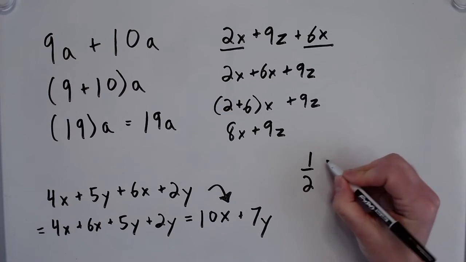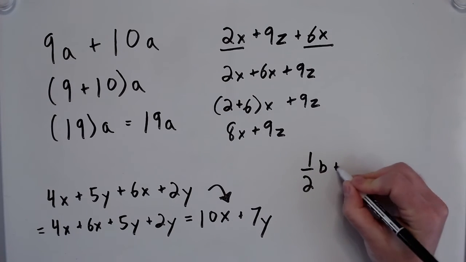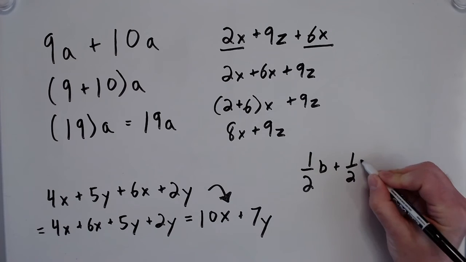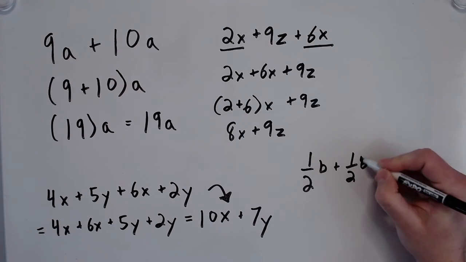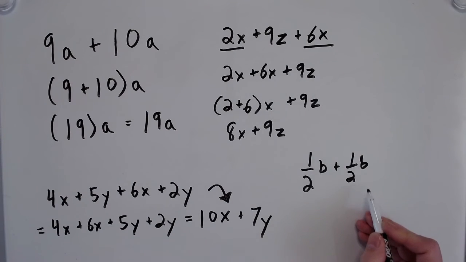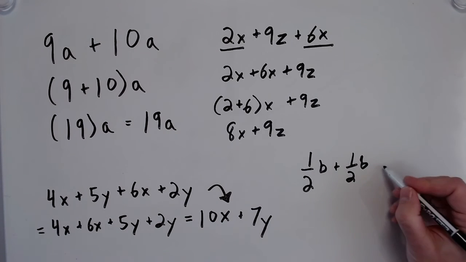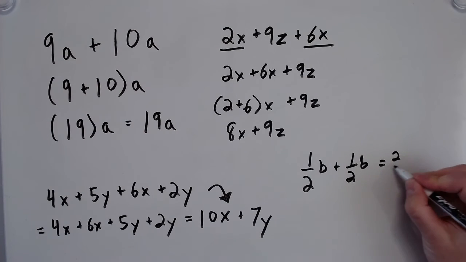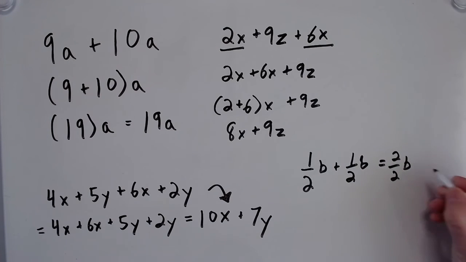1/2 b plus 1/2 b. So you've got half a b and half a b. You can just look at this and say, well, if I've got half a b and half a b, that's a b. But let's do a little bit of math here and prove that that makes sense. We could combine like terms, just as we did here, 1/2 b, 1/2 b, and say we have 2 halves of b, which is really b.